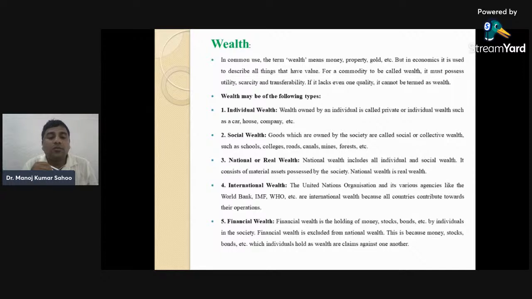So wealth where money, stocks, bonds, shares, and debentures are measured in terms of financial products, we call financial wealth. So wealth has different types: individual, social, national, international, and financial wealth.